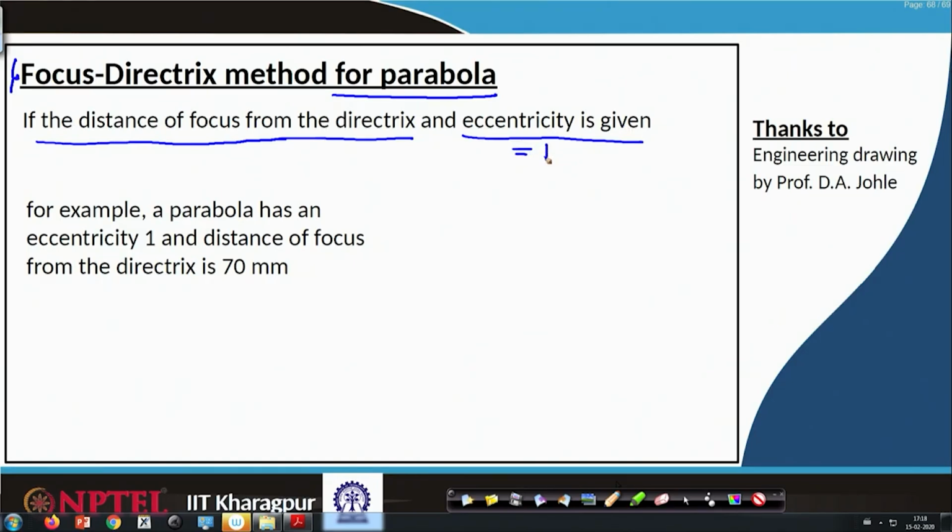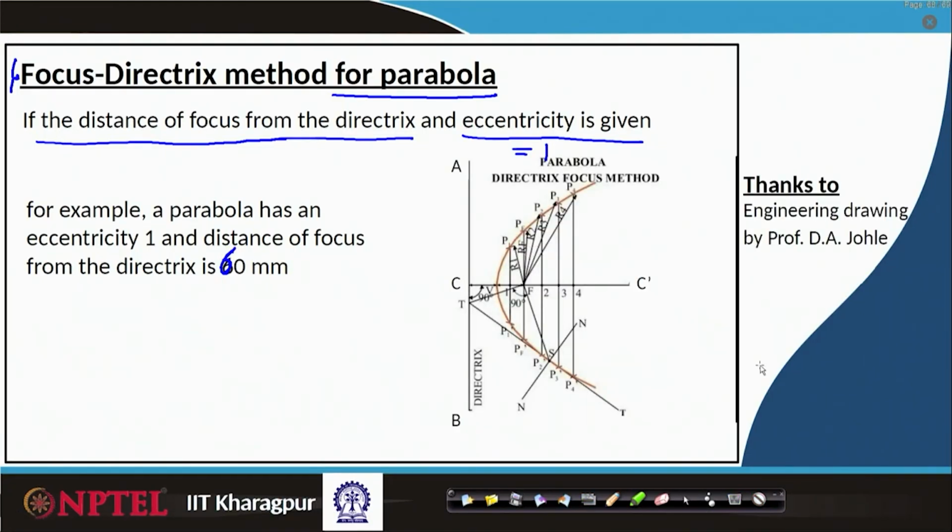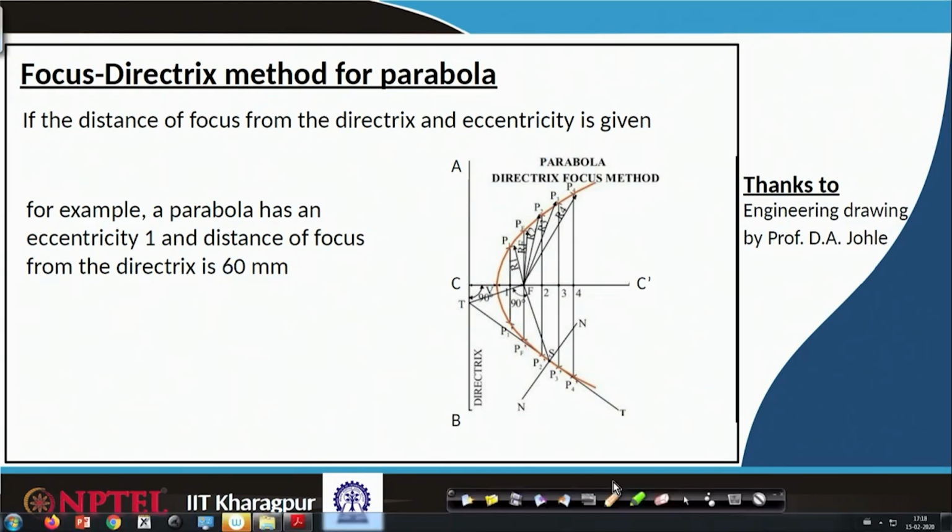Let us construct a parabola. For example, a parabola has an eccentricity 1 and the distance of the focus from the directrix, let us take 60 mm in this case. So, using the directrix focus method, we are going to construct this parabola.